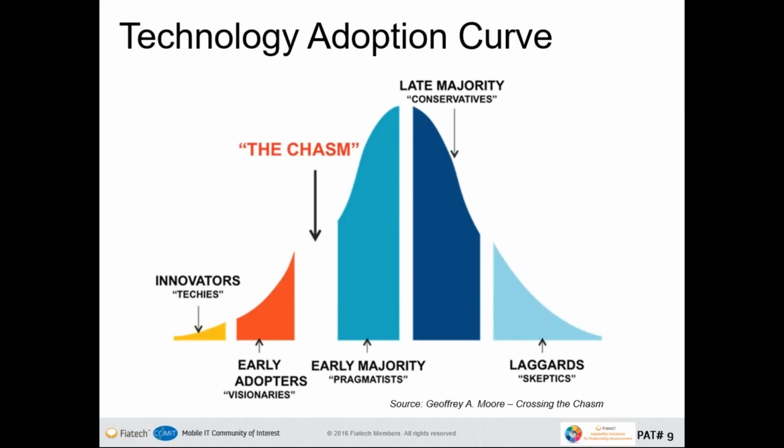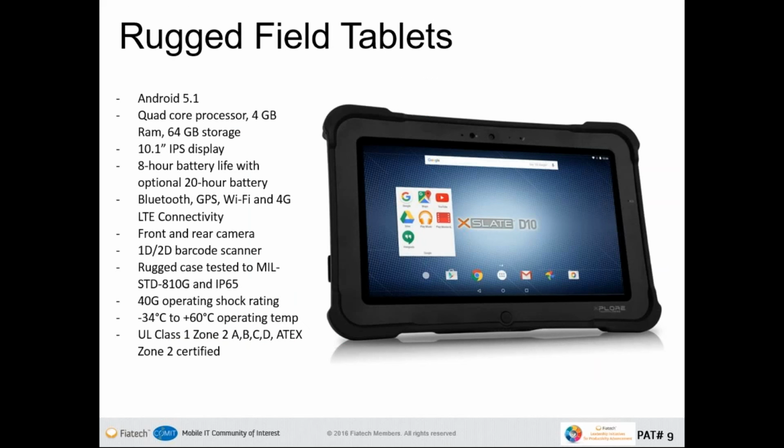Okay, so if you look at the end of the bell curve, the laggards, those folks really pick up those technologies because they become standard practice for the industry they're in, and if they don't use it, they're basically going to lose business or run out of business. So it's something they have to do and are really pushed into it. Okay, so that's the technology adoption curve. I'm sure you can relate it to your business as well, and how you develop technologies and push those into your organizations.